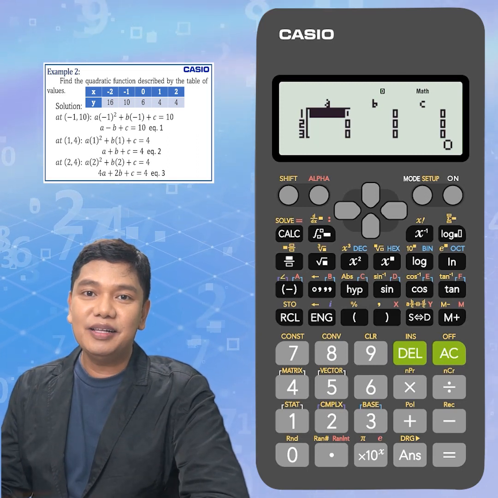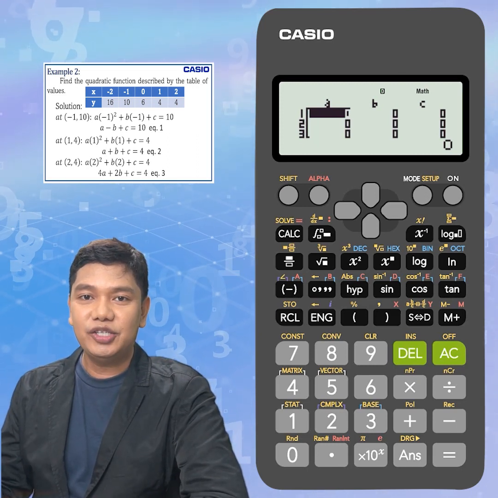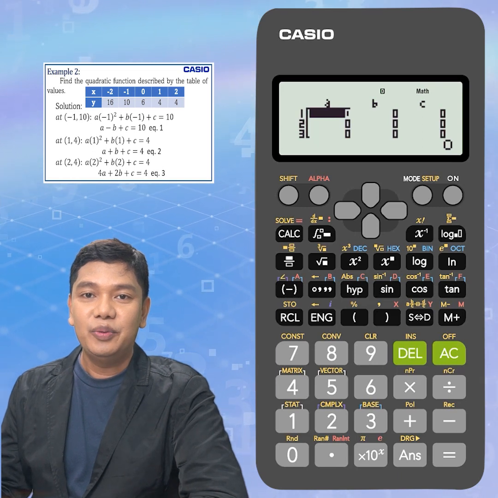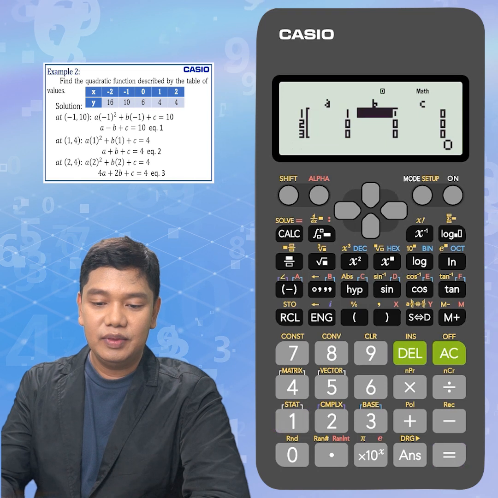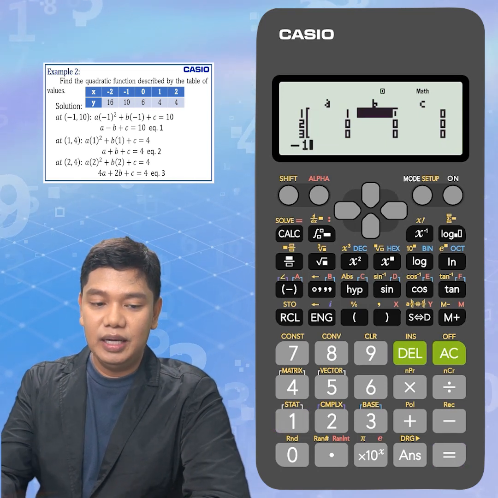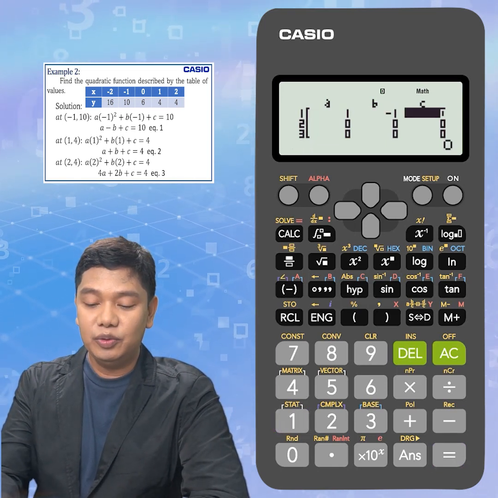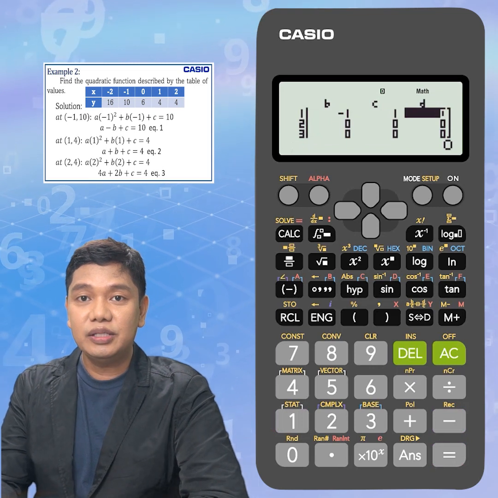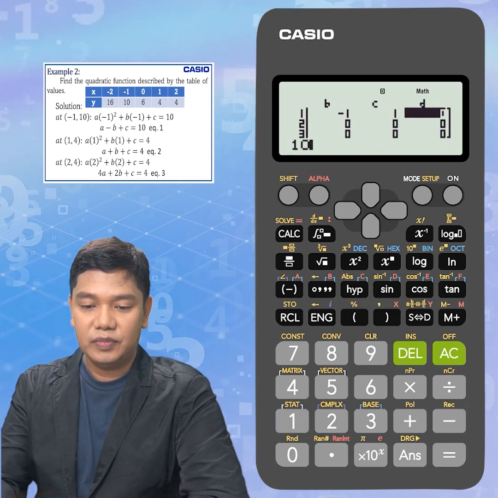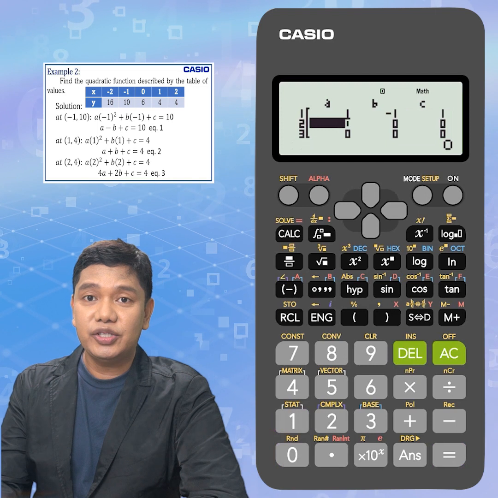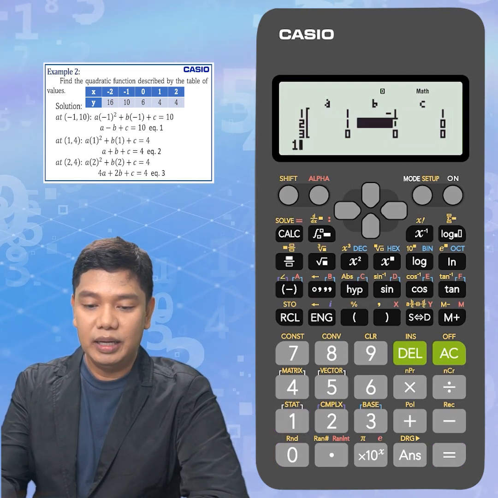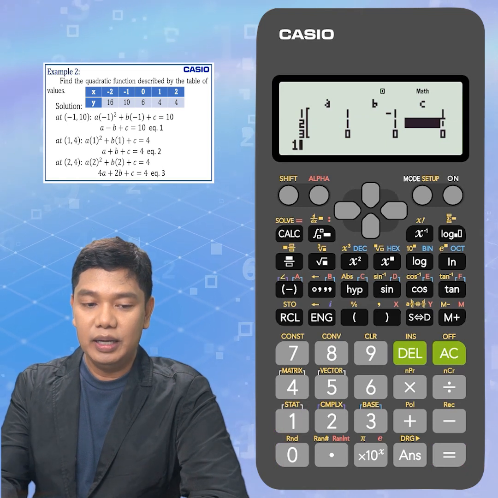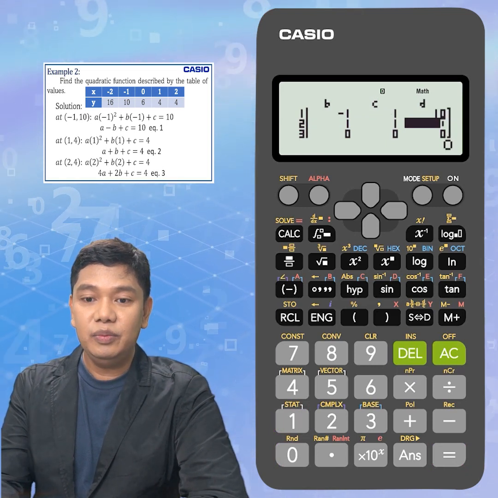Inputting the numerical coefficients of the three equations in our calculator, we have for the first equation, a is equal to 1, b is equal to negative 1, and c is equal to 1, and lastly for the constant term, which is 10. For the second equation, we have a is equal to 1, b is equal to 1, c is equal to 1, and for the constant term, which is 4.